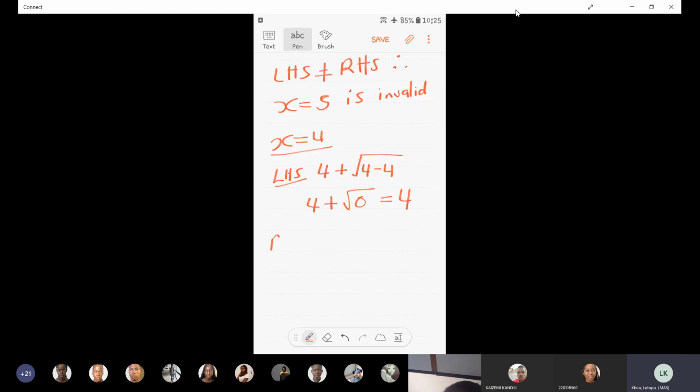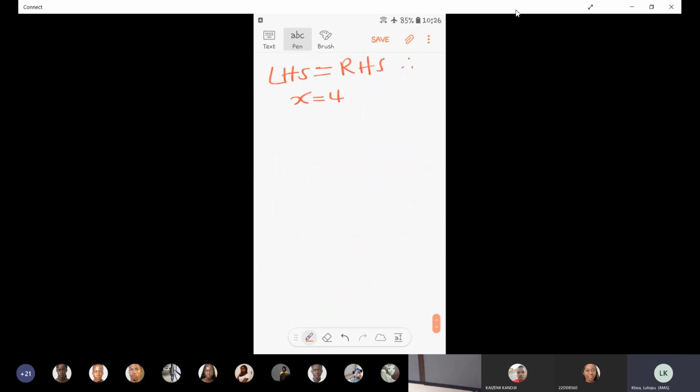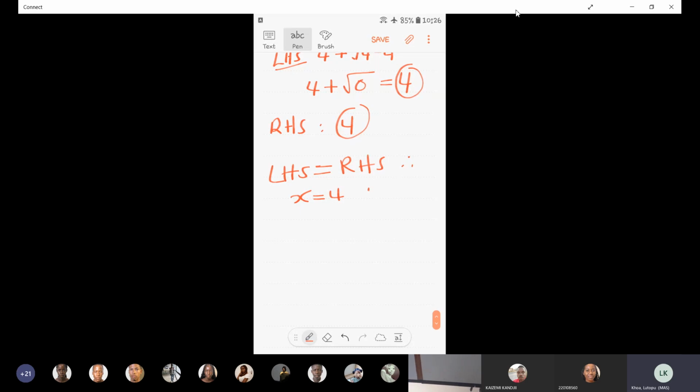Okay, and then on the right hand side, I had 4. So my left hand side and right hand side are equal. So I can conclude that x equal to 4 is in fact a solution. Okay, so that is how we would do that one.